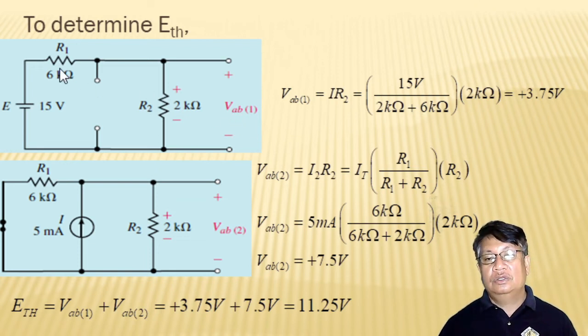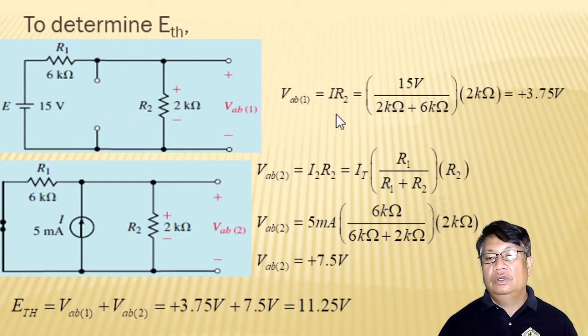So V sub EB is simply equal to the voltage drop across R sub 2. How to determine this one? It seems that this is now a series circuit, or we have this loop, Kirchhoff's current law, Kirchhoff's voltage law.